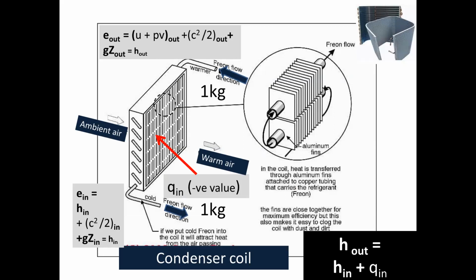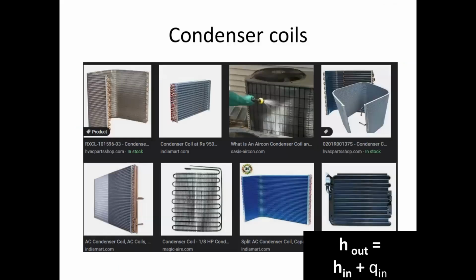If you consider energy received by the refrigerant or the working fluid, then this receiving is negative because it is really releasing in the condensation process. The refrigerant releases it and becomes liquefied. So we take it as receiving in negative, then we can consider the same as what we have developed for the evaporator. Condenser coils.